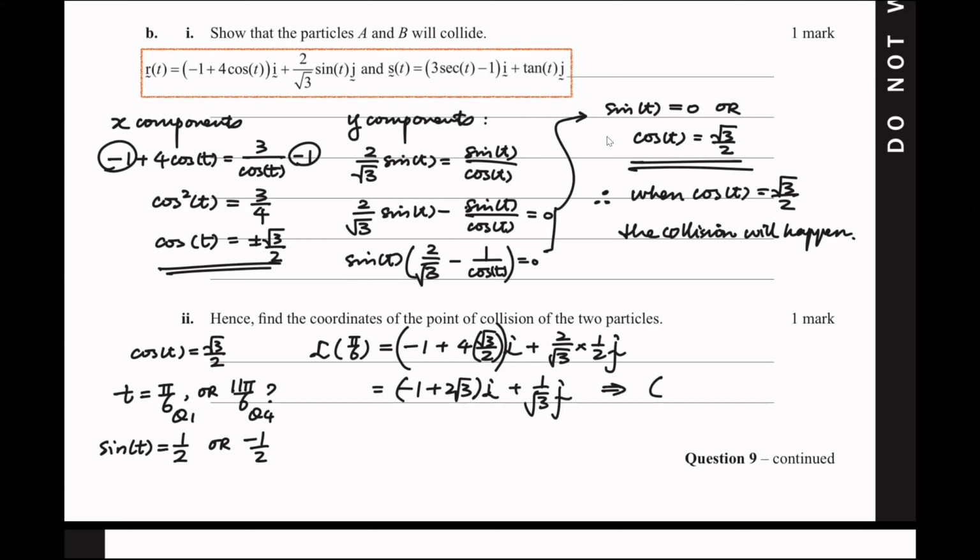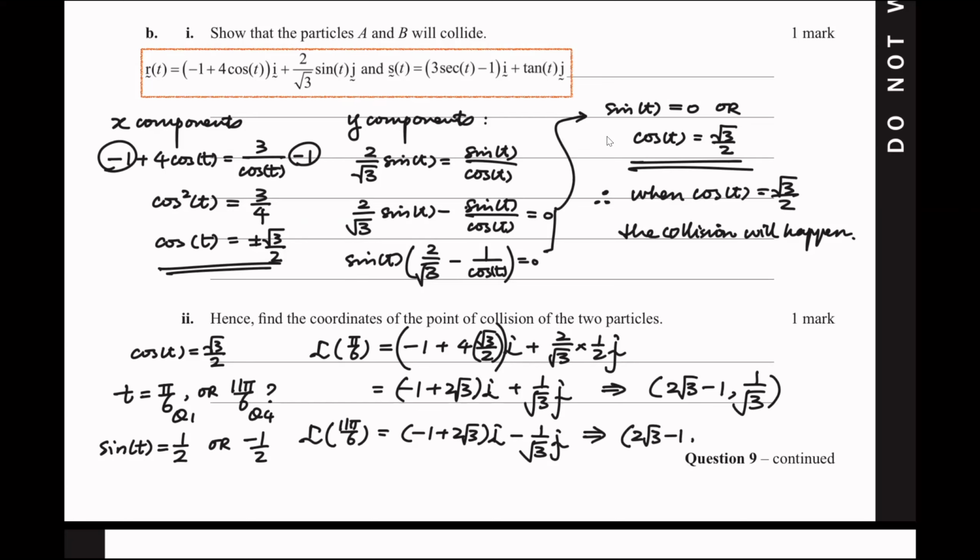So it could occur at (2 root 3 minus 1, 1 over root 3), or root 3 over 3. And if you use r of 11 pi on 6, the x value is still minus 1 plus 2 root 3 i, but then the half will be a minus half instead. So you could get a minus 1 over root 3 j, which means you could have (2 root 3 minus 1, minus 1 over root 3).